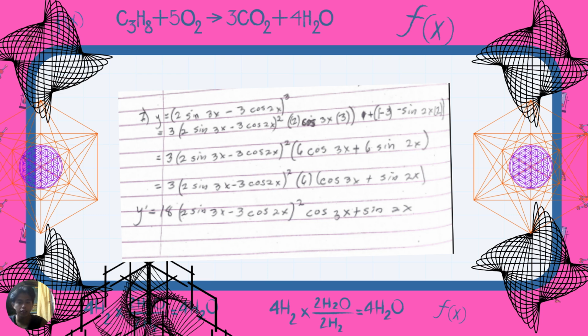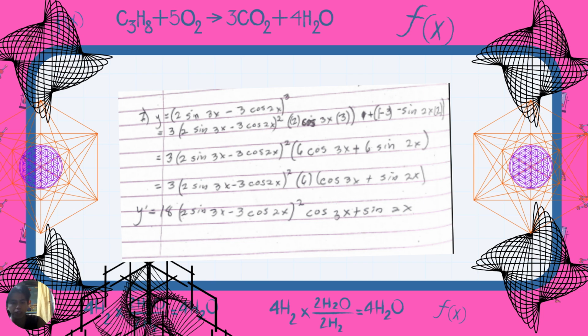So in this part, we are going to combine the second derivative, which is the 2 cos 3x times 3 plus negative 3 times negative sine 2x times 2.